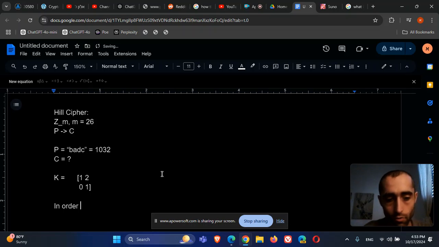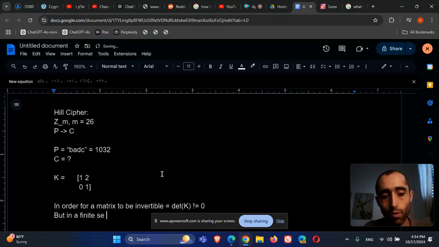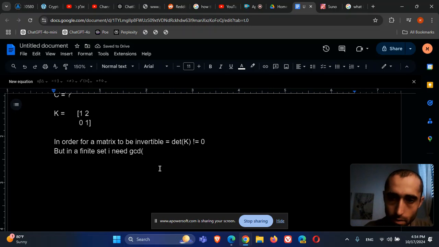I just remind you, for a matrix to be invertible, what do I need? I need the determinant of the matrix to be non-zero. This is the general rule, but it's not enough in a finite set. In a finite set, I need more than that. It's very much like deciding whether a number in a finite set has an inverse. We need the GCD of that number and the size of the set to be 1.